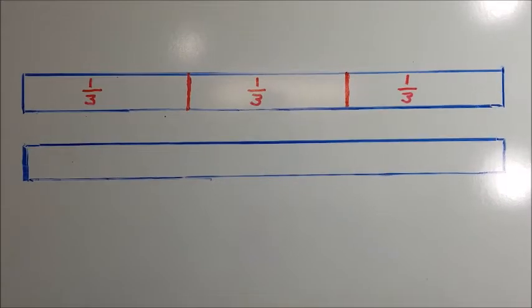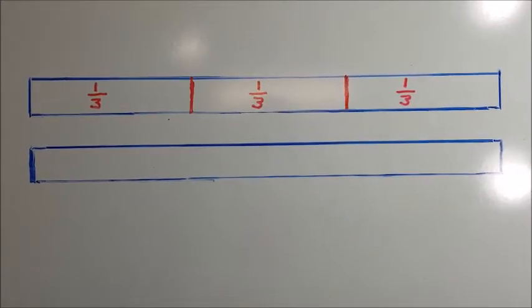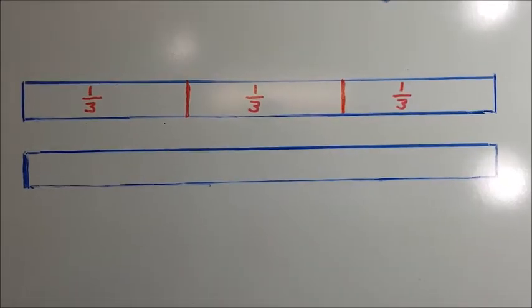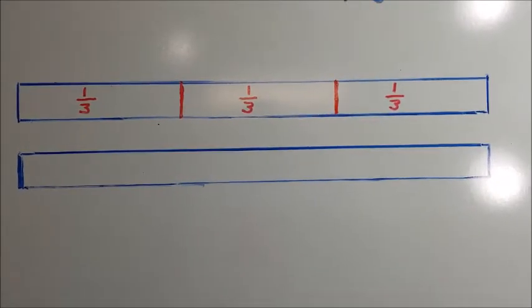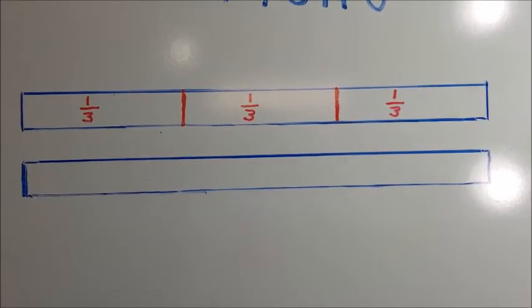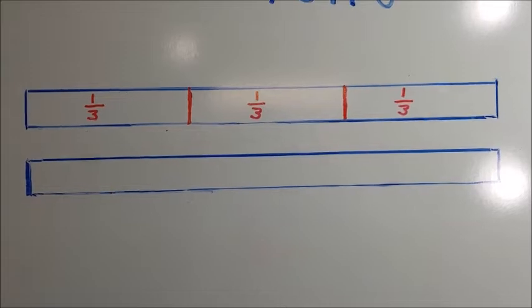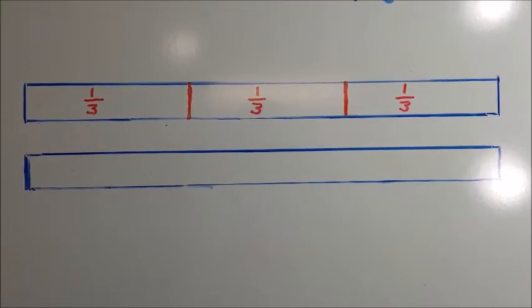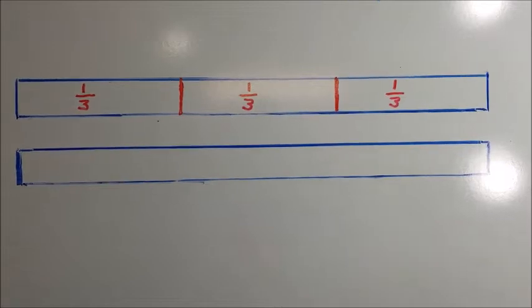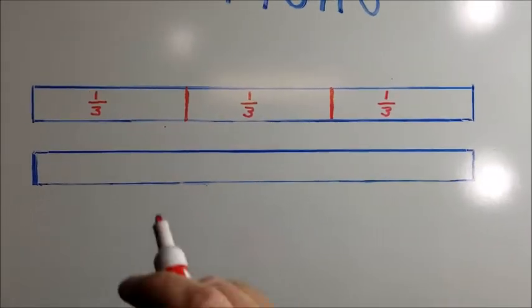Well, I'm pretending now that these are Long Johns, and we're sharing them. So we have that first Long John cut up into 3 equal pieces, so it's in thirds. Now, this next one, we're going to divide into 6. So this is how I go about it when I have 6. I get my thirds.